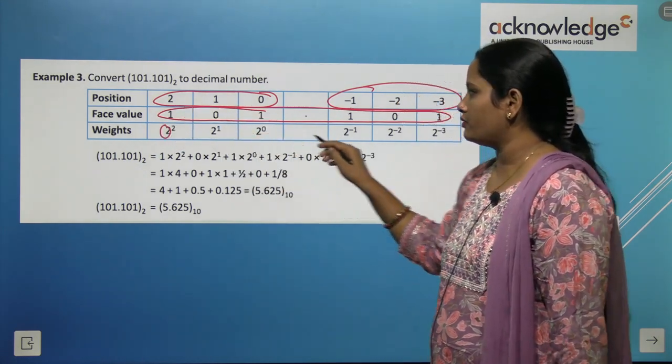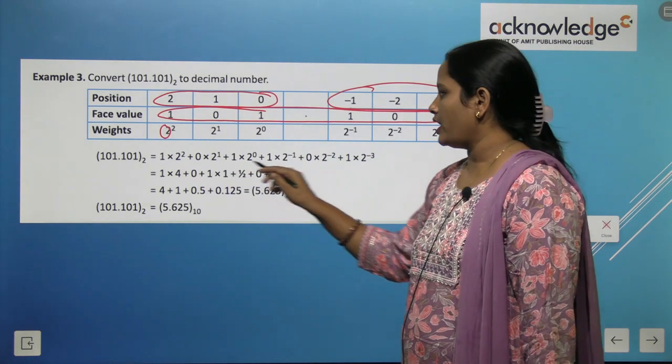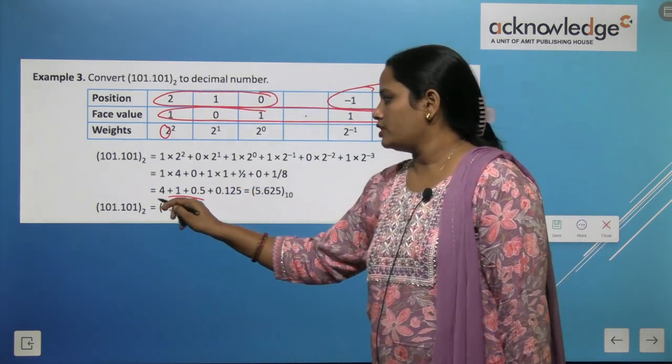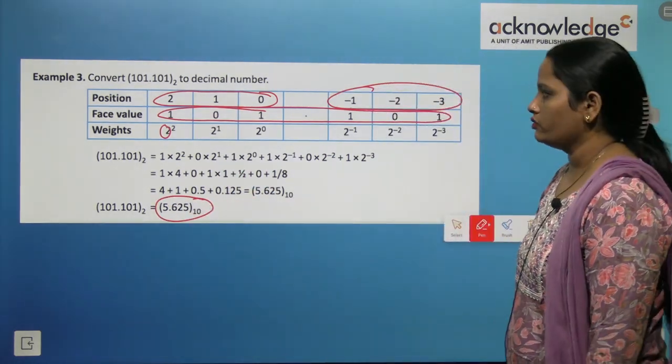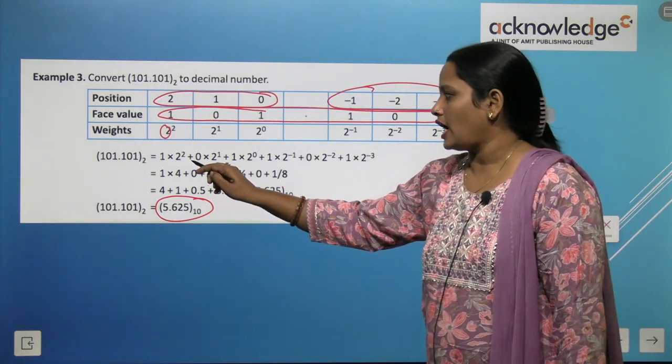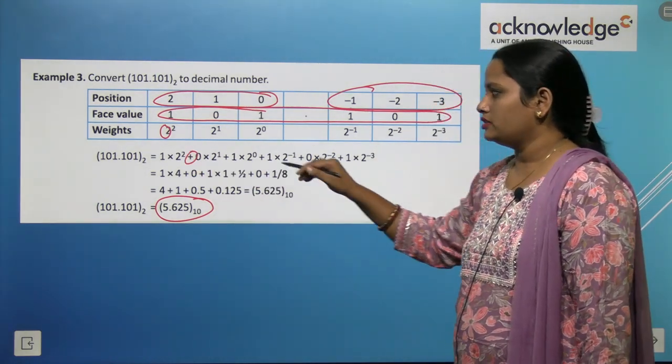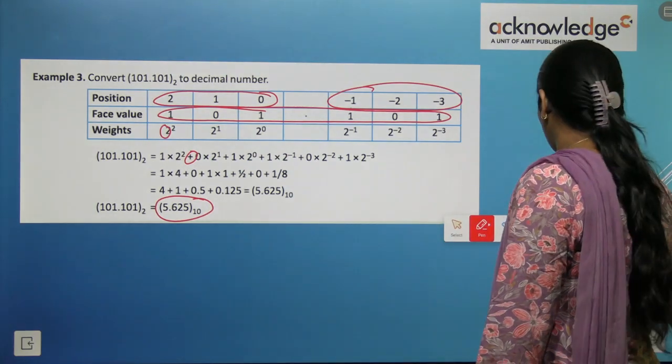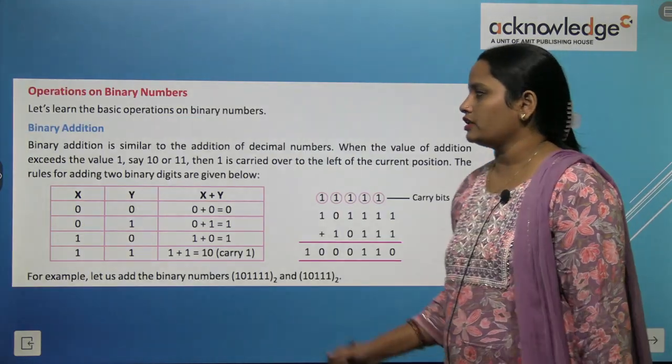All these are multiplied with 2. So after multiplying all these numbers, we got this result in front of us. We have to multiply these and we have to add them separately. So this is the answer. You have to do it like this.